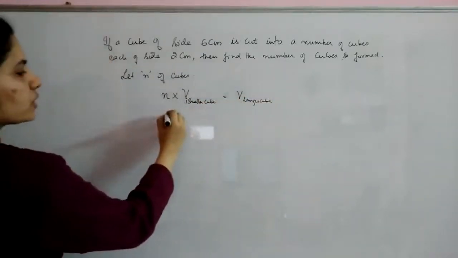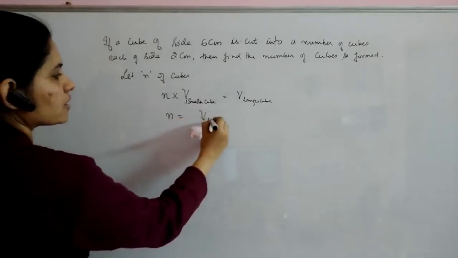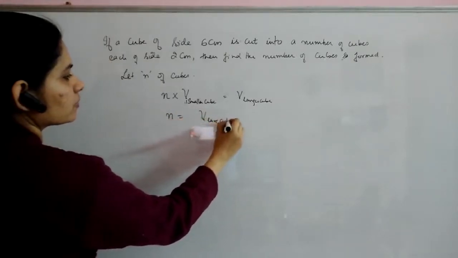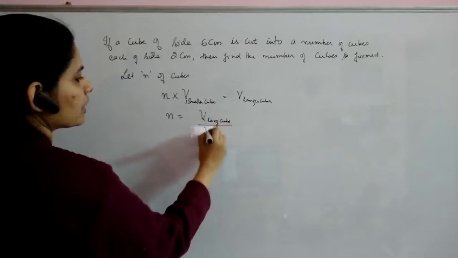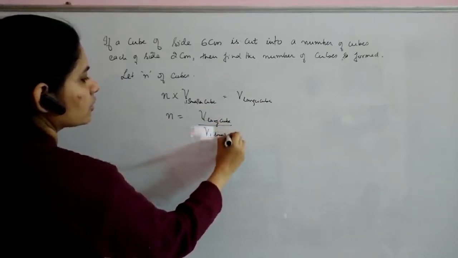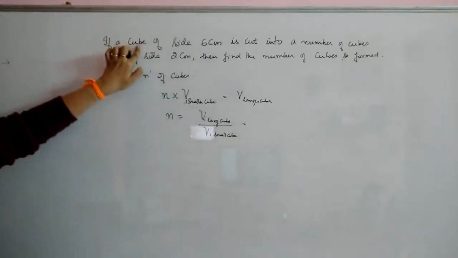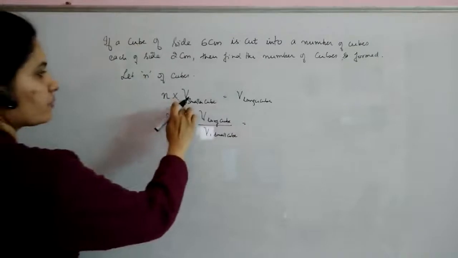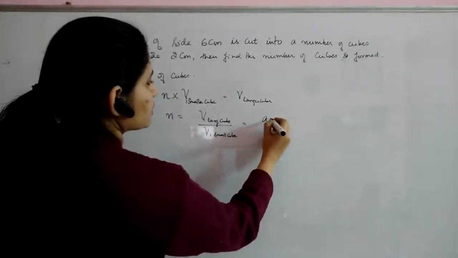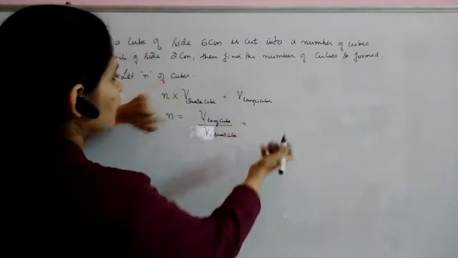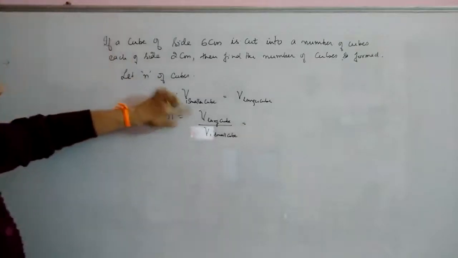Now you just find out what n is equal to: volume of the larger cube divided by volume of one smaller cube. That will give you again volume of cube. What is the volume of a cube? It is a cube. Suppose this is a, or whatever you require, you just substitute.